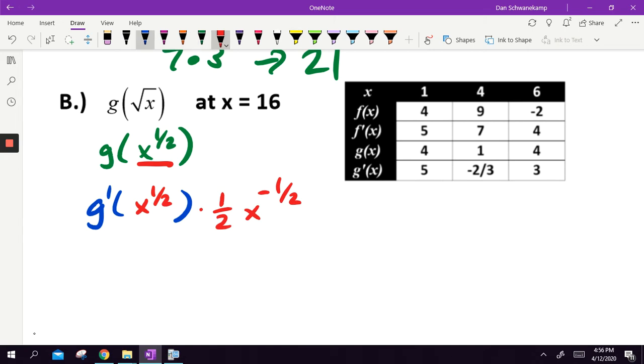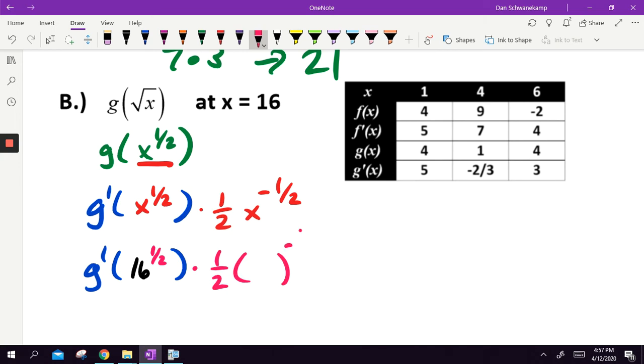We are doing this at 16, so it's going to be g prime of 16 to the 1/2 power times 1/2 times 16 to the negative 1/2, and I'm going to plug in 16 right there for x as well. All right, so let's get to it.